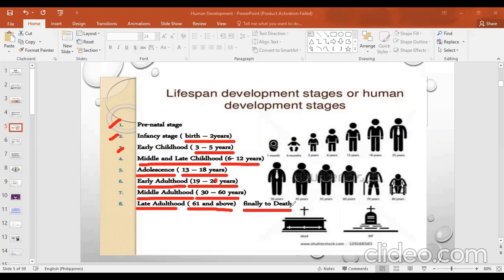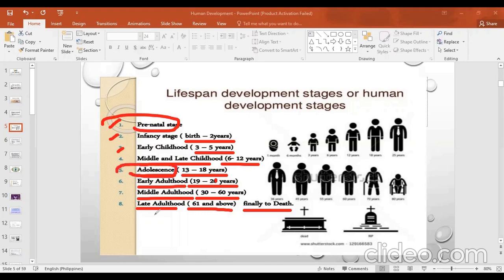So, as you can see, there are certain development and growth happen in every stage that is relatively orderly, katulad ng sinabi ko kanina. In short, merong sequence. Hindi pwedeng tumalon from prenatal, tapos magiging adolescence kaagad.